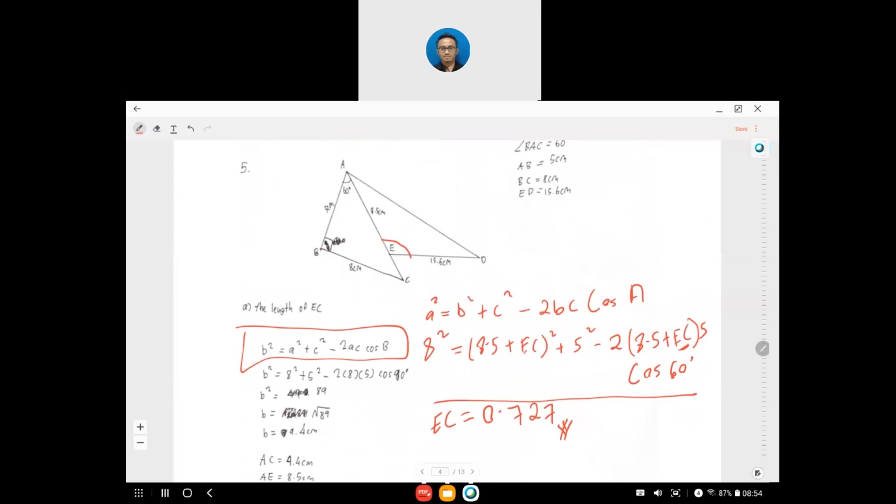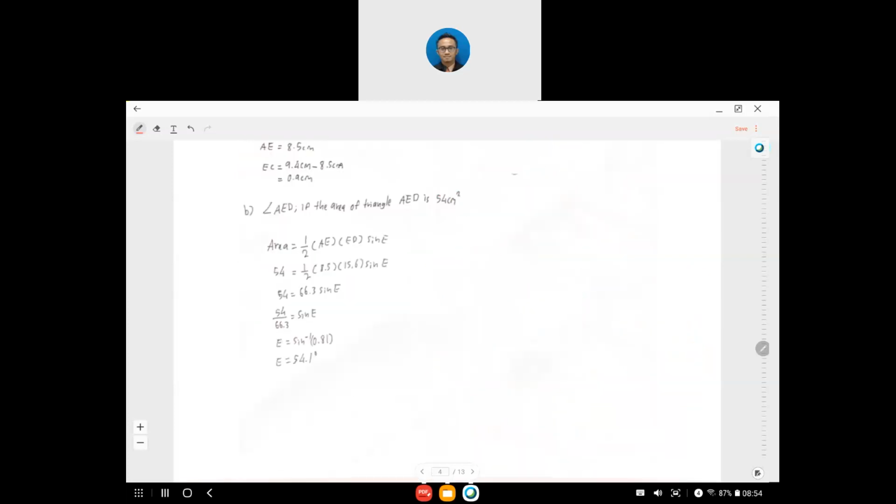Oh, because it's already given the area, right? Angle AED, if the area of triangle AED is 54, so the area equals 54. It's already given, so you must use the area formula. Area equals 1 over 2 AE times ED.